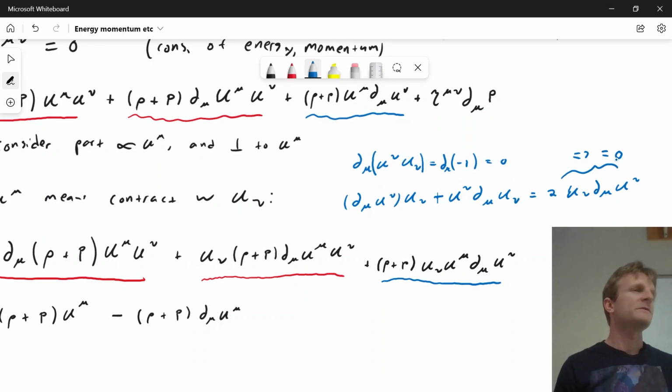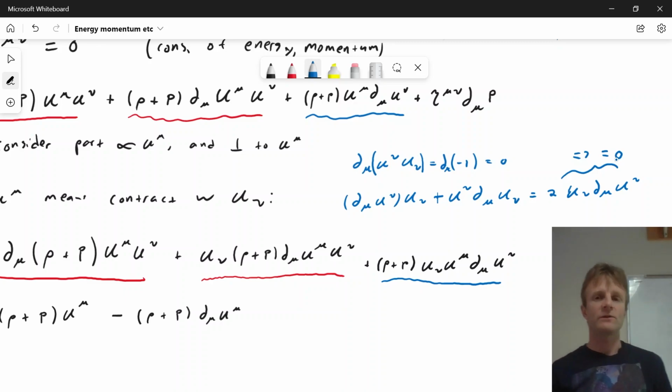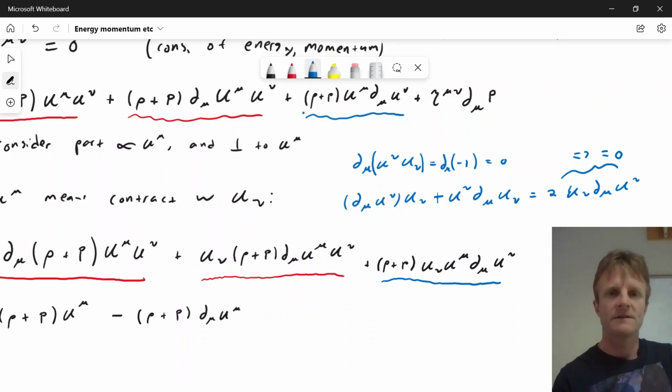So that's a funny little index argument. The more problems you do like this, the more this will seem natural, but tricks like this are important for doing these kinds of calculations, and you'll see some this week. So what that tells us is that this thing, u_ν ∂_μ u^ν, is in fact 0.